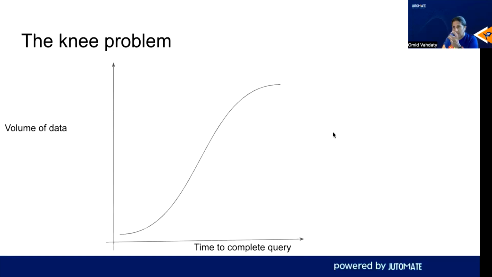Furthermore, like most of the technologies we are going to present in this series of lectures, there's the knee problem. The knee problem is associated with the time it takes to complete a query compared with the volume of data. Meaning the more data you have, the longer it takes to complete. One would expect that it would be linear.